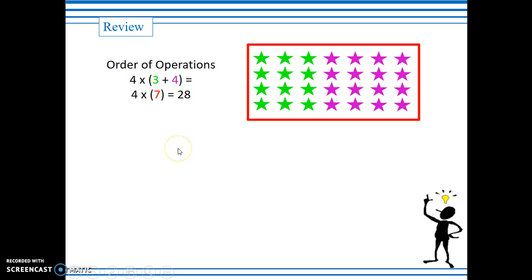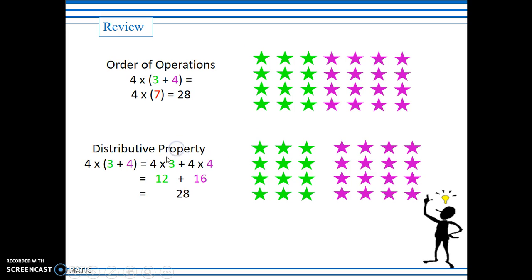With the distributive property, we are distributing the 4 to the 3 and distributing the 4 to the 4. So in this particular situation, we still have our 4 rows and our 3 columns, and together they make 12.